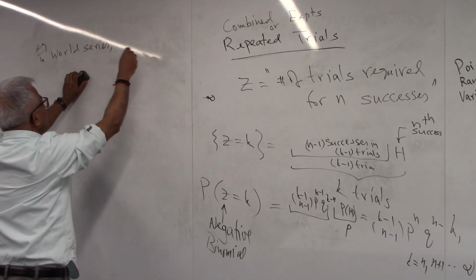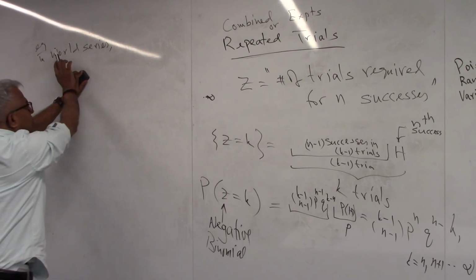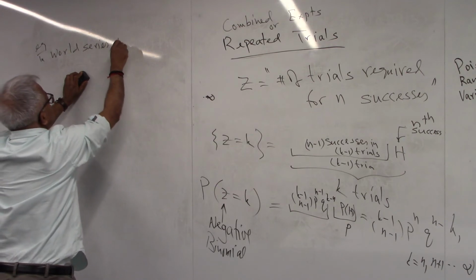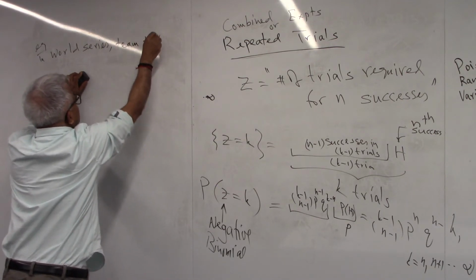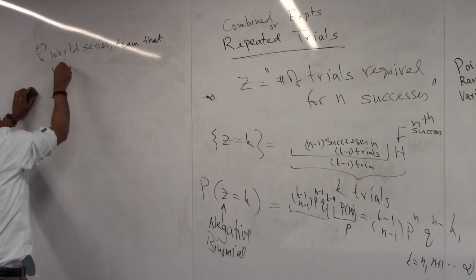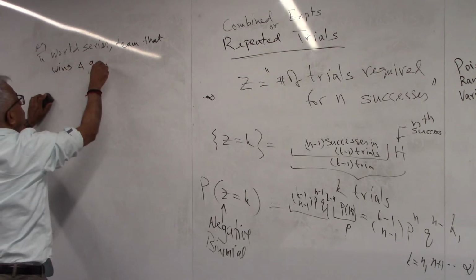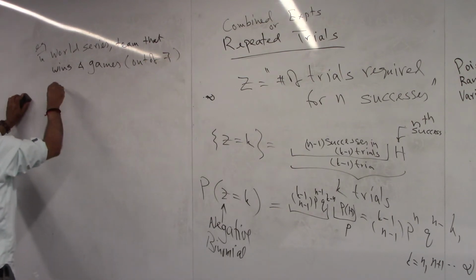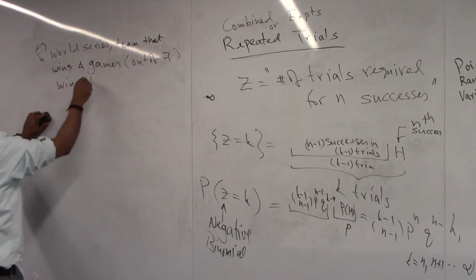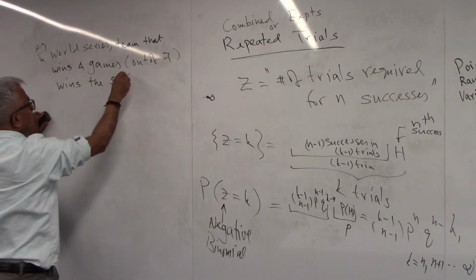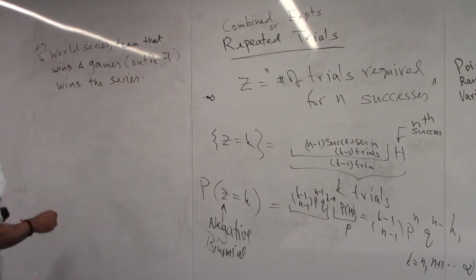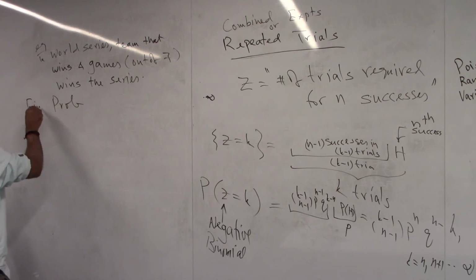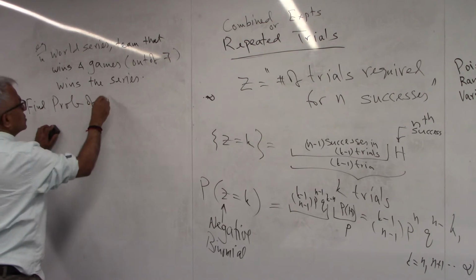So n is usually 7. So let's consider the 4-7 case. The question is, find the probability of winning the series.